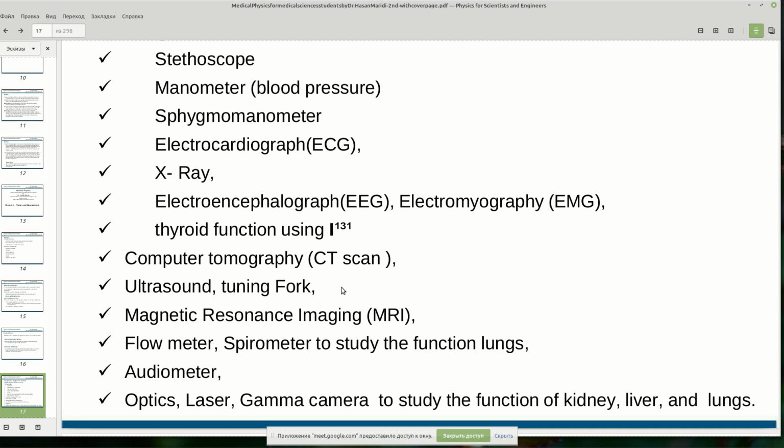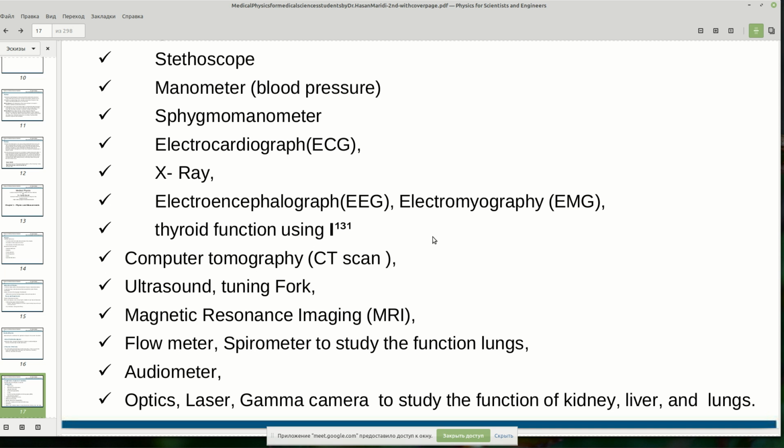Ultrasound is also a very good technique, which can show us the state of your inner organs and systems. Magnetic resonance imaging, MRI, is the best technique to show us problems with the brain, for example, or problems with your bones.